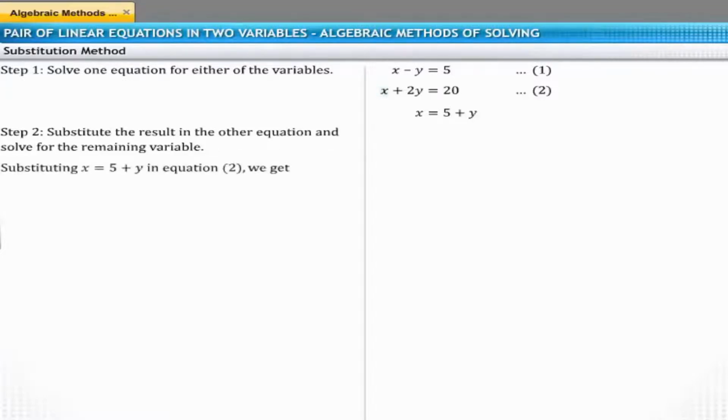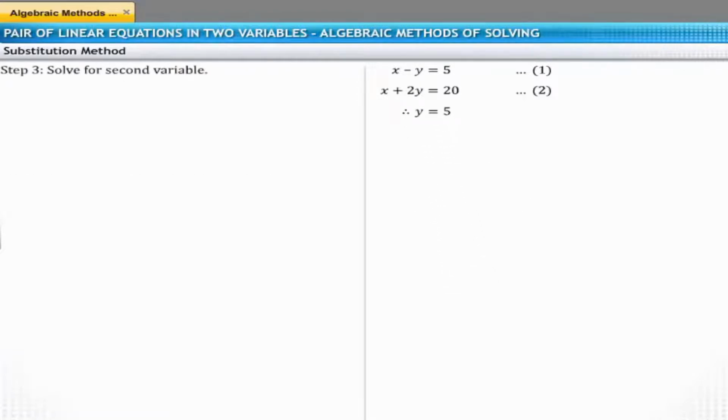Here we'll substitute the value of x, which is equal to 5 plus y, in equation 2. Let's solve this equation further. Hence, the value of y is equal to 5.